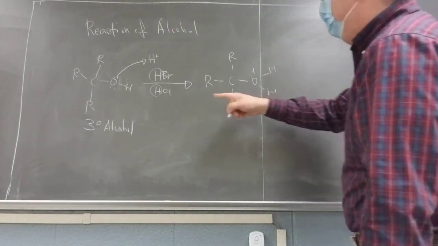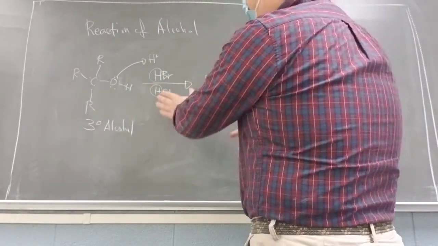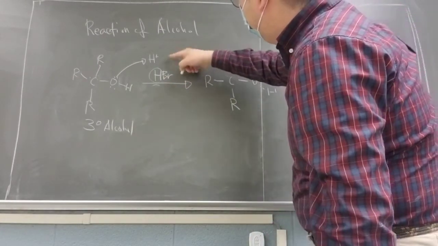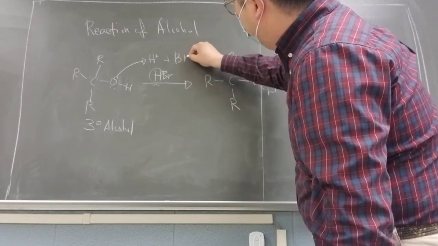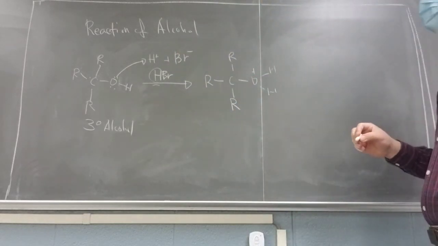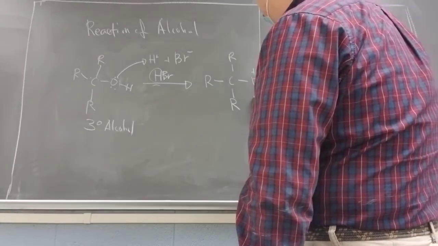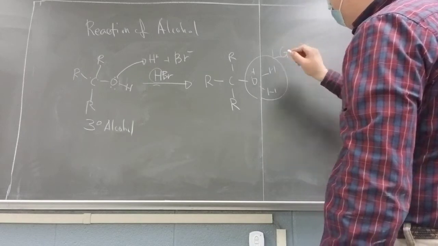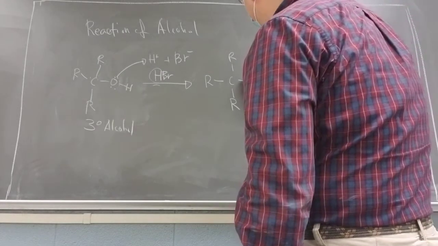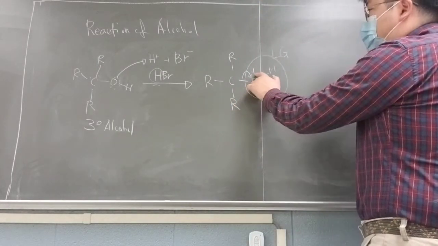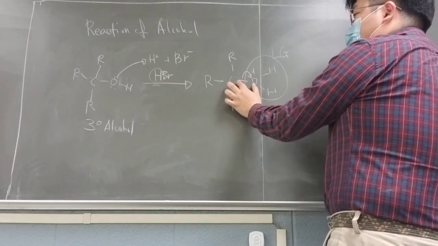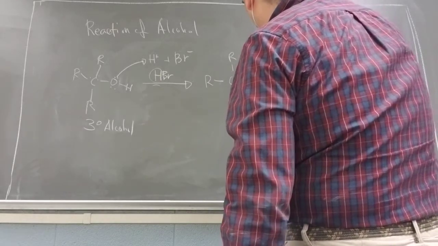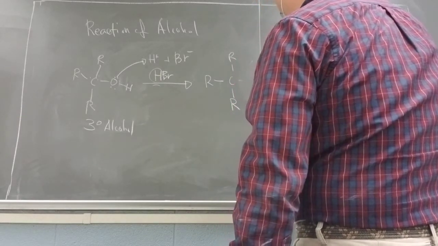And then, in this scenario, we have the bromine anion over there, and as you can see, water is a really good leaving group. This has a positive charge, so it will take the electrons, and this will become water and leave.